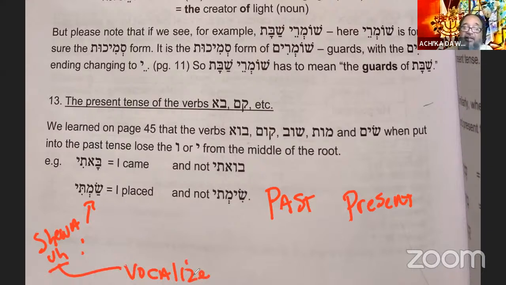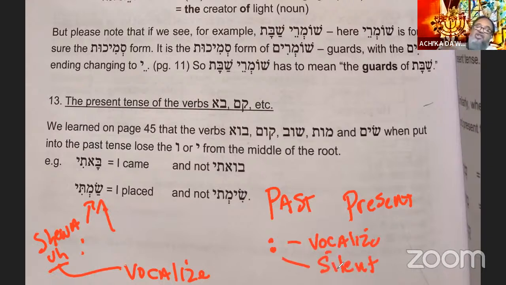Do I say it or don't I? Or do I make it silent? I can either vocalize these two dots or I can make them silent. I got a choice to make. But that choice is only determined upon what the first vowel sound is.